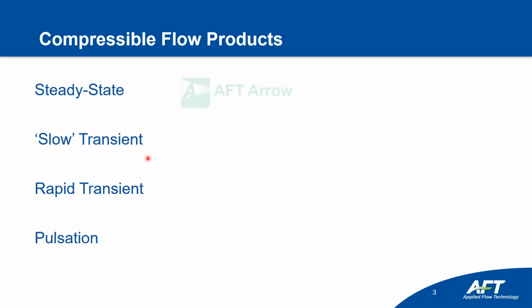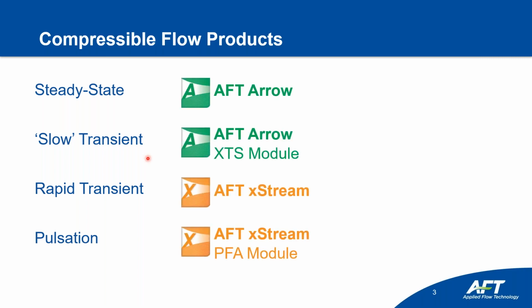So we have a few compressible flow products. I'm sure you're familiar with AFT Arrow if you want to model compressors, because that's our steady state gas flow product. Now, Arrow for a cost has an XTS module. And if you get that and enable it, you can do slow transients.